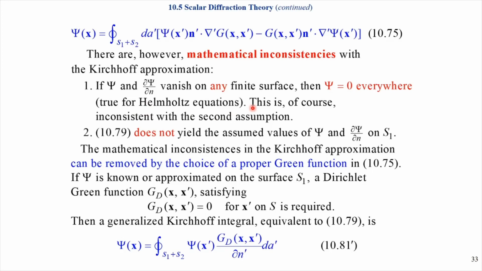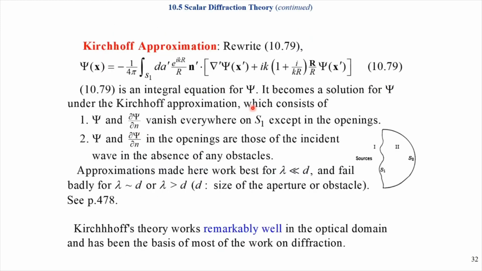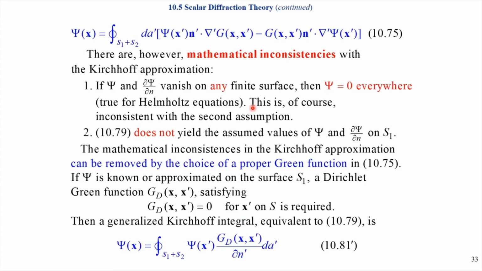That's the Kirchhoff second approximation, and that's inconsistent. And this equation, 10.79, does not yield the assumed value of phi and its derivative on S1.